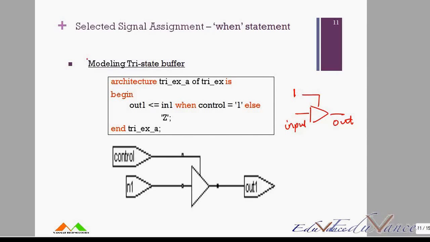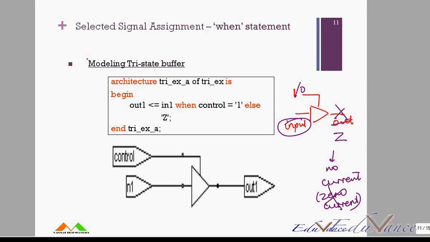If my control is 0, then no matter what my input is, my output is always high impedance. High impedance means no current flowing. No current is not zero current, please understand. No current means the current cannot flow at all.